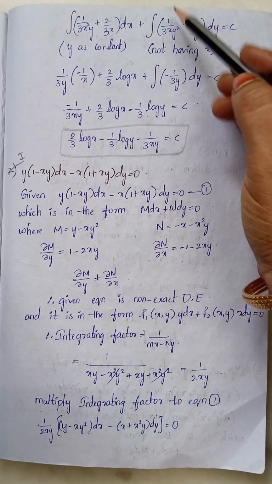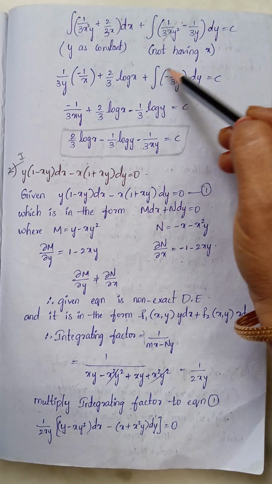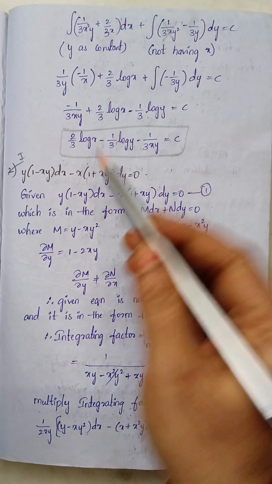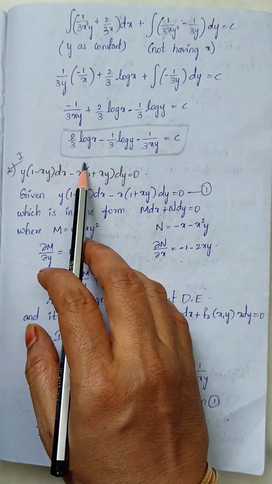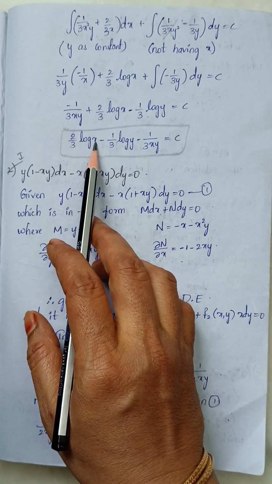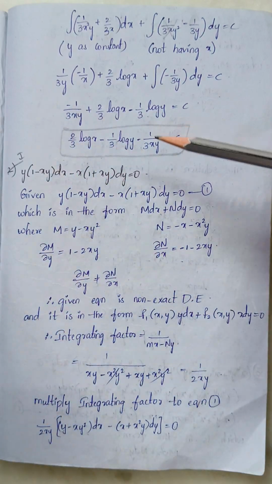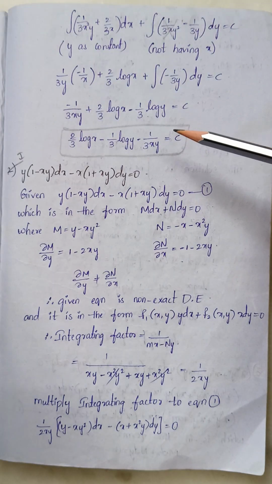Plus, not having an x term means we should not take this one, only -1/3 as it is, and the integration of 1/y dy is log y. Now, for the required solution, take this part first because it is positive, then take the second one and this one. Now this is the required general solution for the given non-exact differential equation.